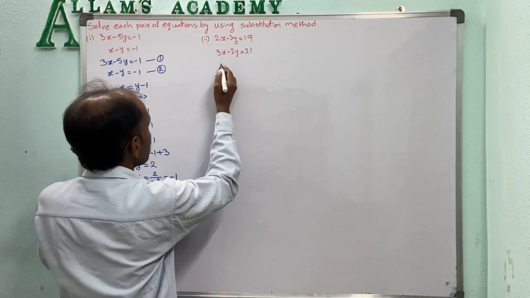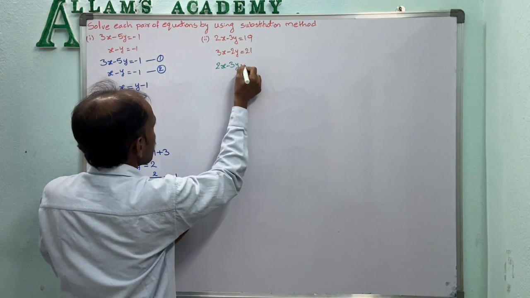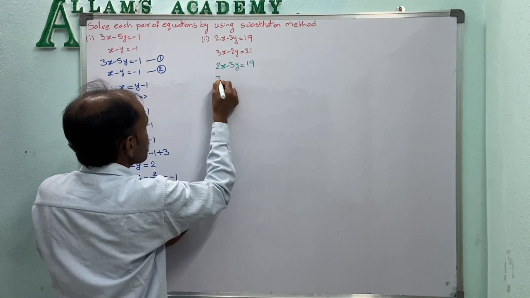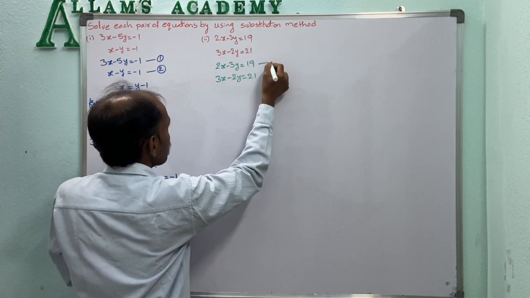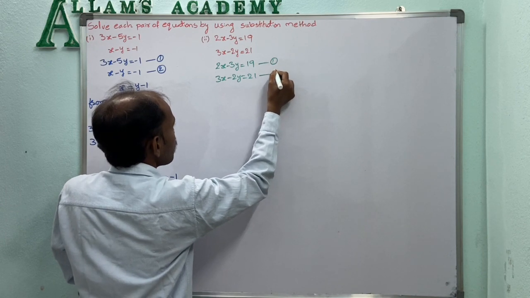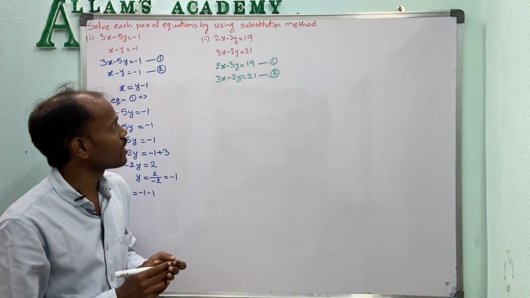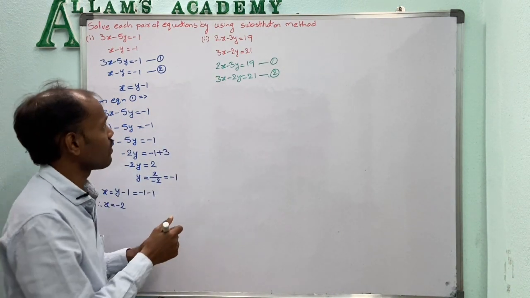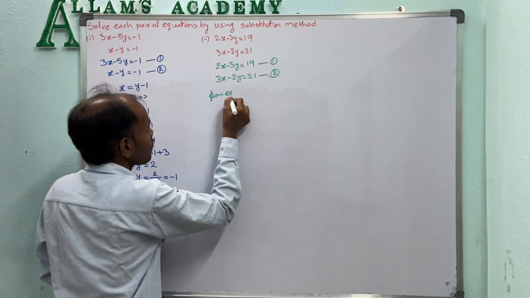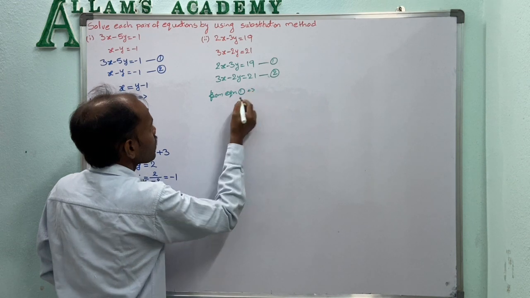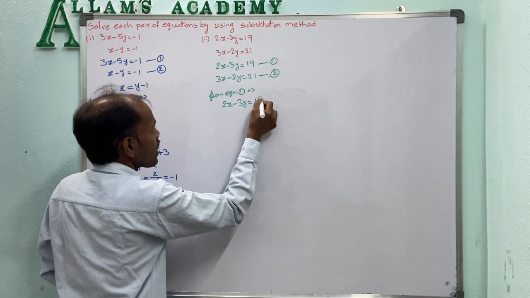First, writing the given equations: 2x minus 3y equal to 19 and 3x minus 2y equal to 21. Here we have the chance to take any equation. I am taking the first equation, equation 1: 2x minus 3y equal to 19.